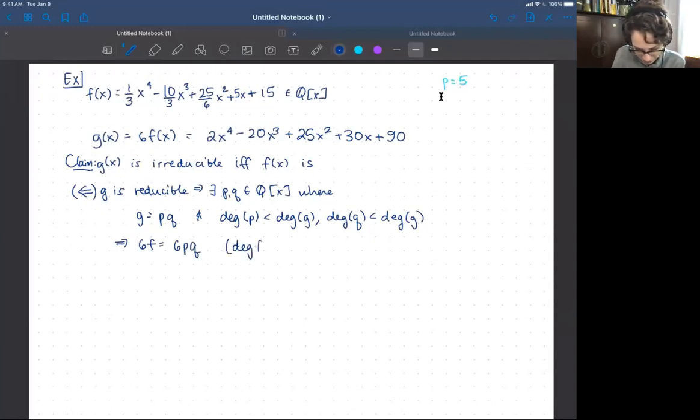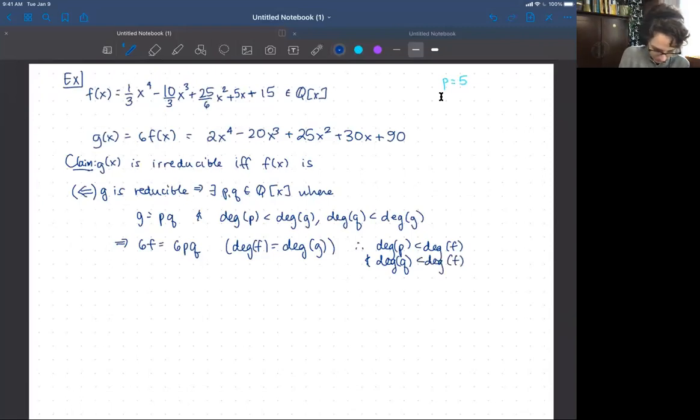Degree of F and degree of G are equal. And therefore, if I use these factors PQ, both of the factors have degree less than F, which means that the degree of P is less than the degree of F, and the degree of Q is less than the degree of F, which tells us that F is reducible.